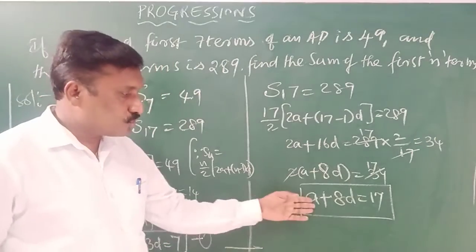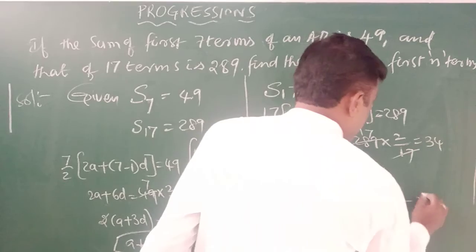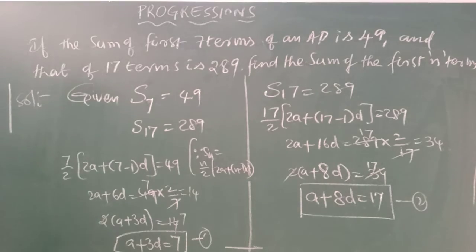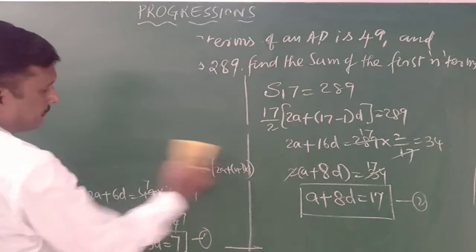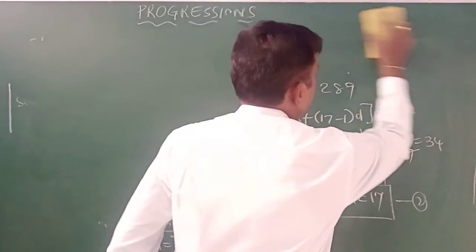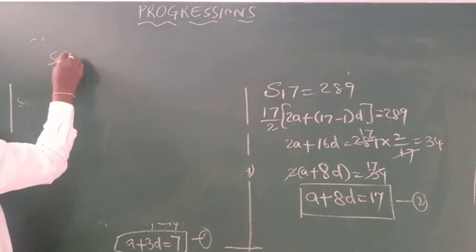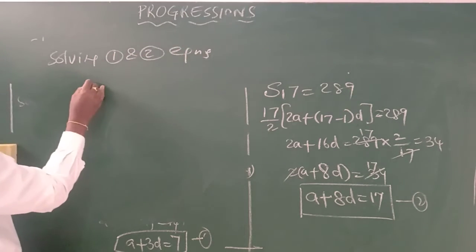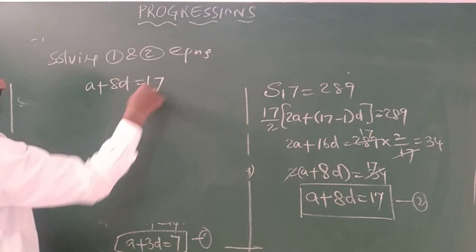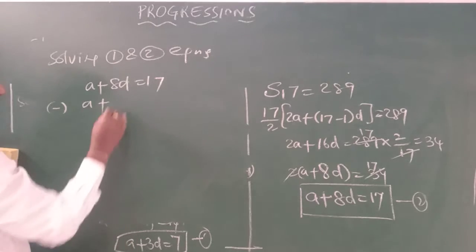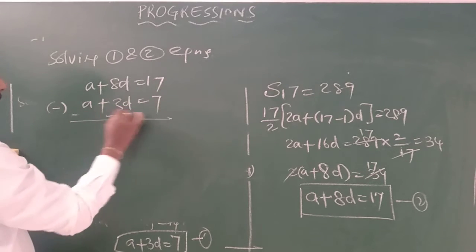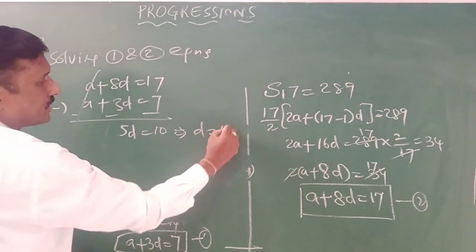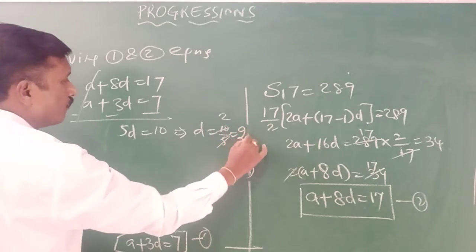Now let us solve these two equations. Solving the first and second equations, that is a plus 8d is equal to 17, a plus 3d is equal to 7, so 5d is equal to 10, d is equal to 10 by 5, it is 2.